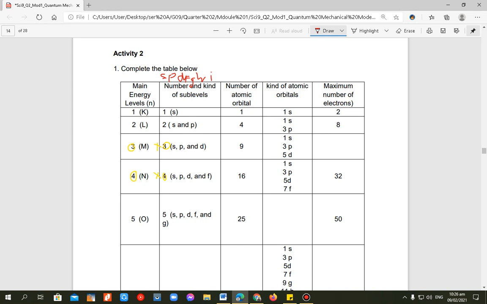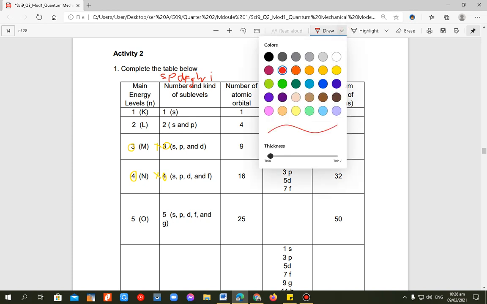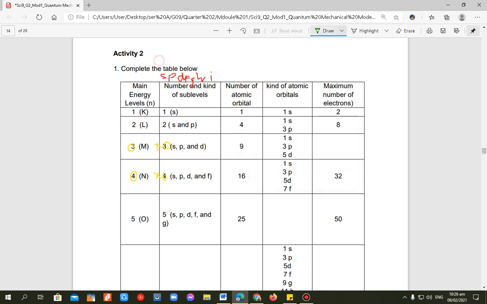So, sa S po, ang pwede lang pong ilagay doon na number is dalawa. Dalawa lang yung kaya niyang i-hold sa S. Sa P is 6. Sa D, meron pa tayong 10. Sa F is 14.